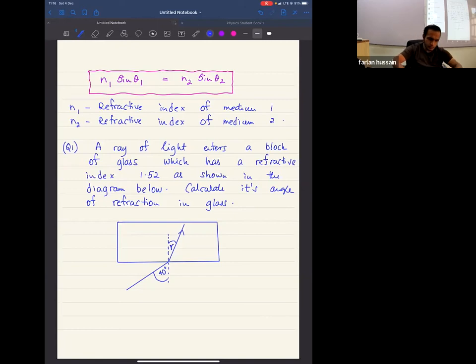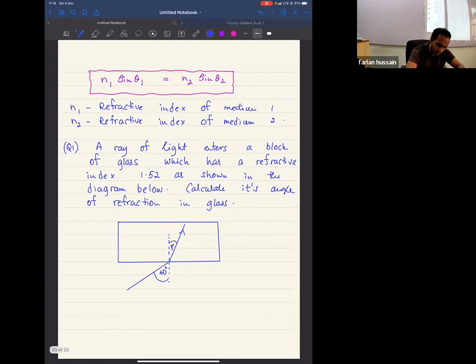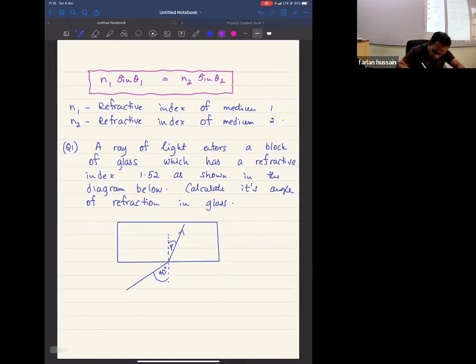Okay, so we'll use the equation n1 sine theta 1 equals n2 sine theta 2. So n1, I will take the first medium as air, n1 is 1.